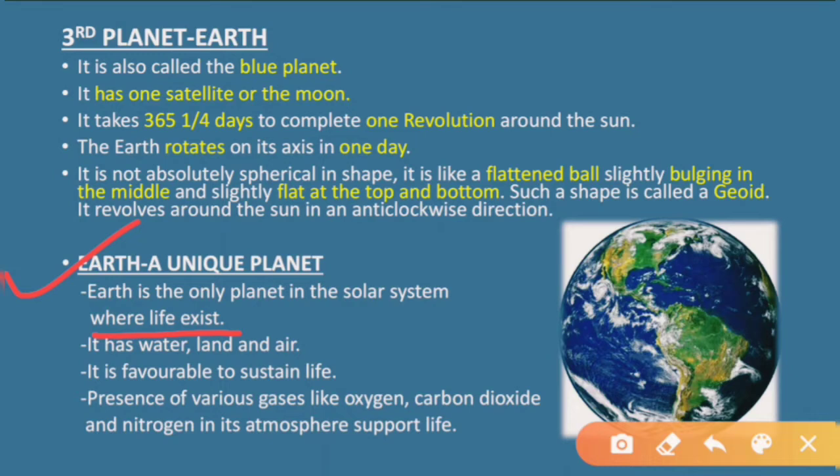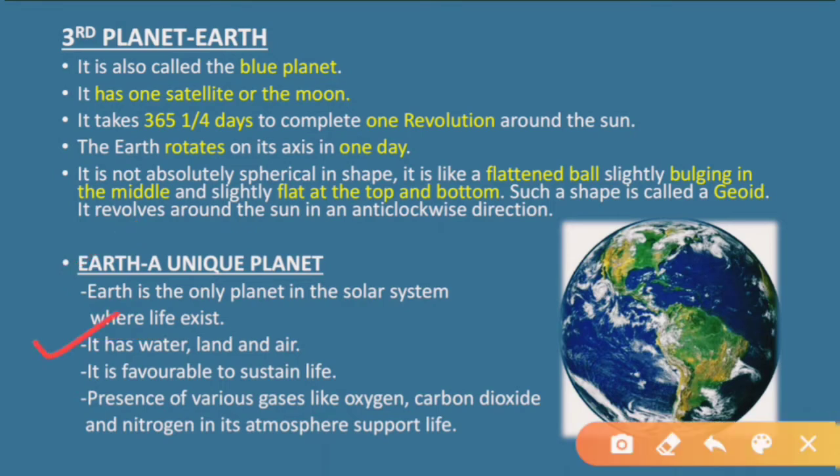It has its own atmosphere, water, cloud, rain, winds, etc. Life is possible on the planet Earth because it has water and atmosphere of its own. That is why Earth is called a unique planet, because it is the only planet where life is possible.